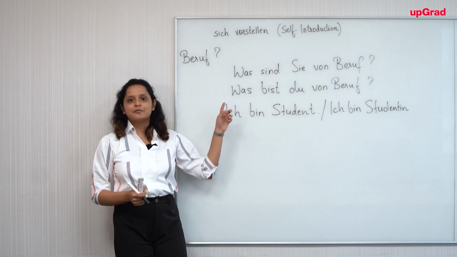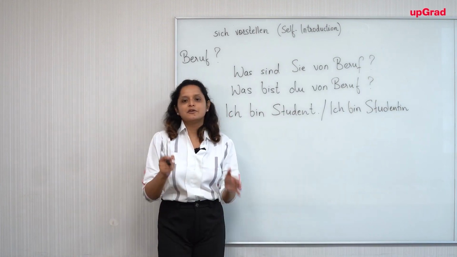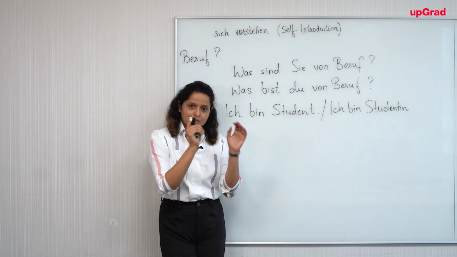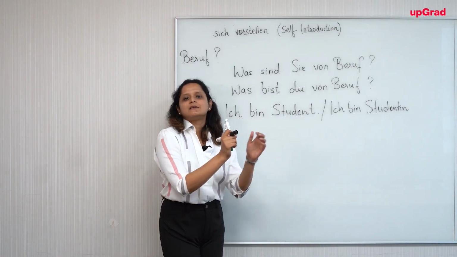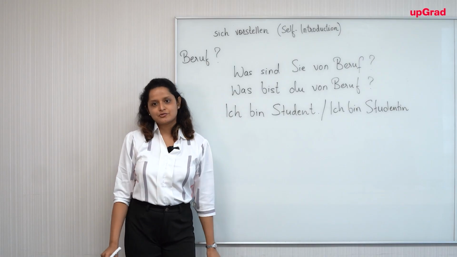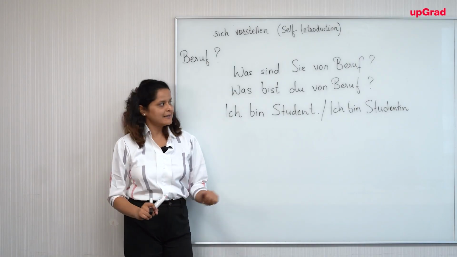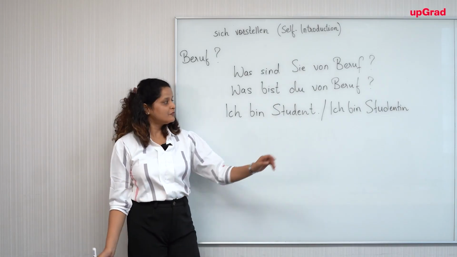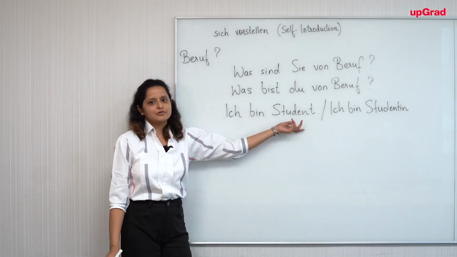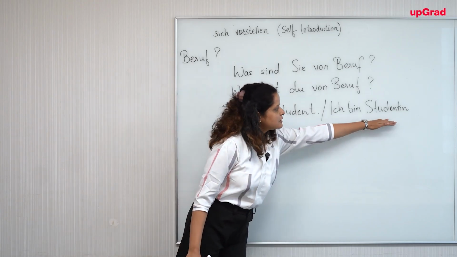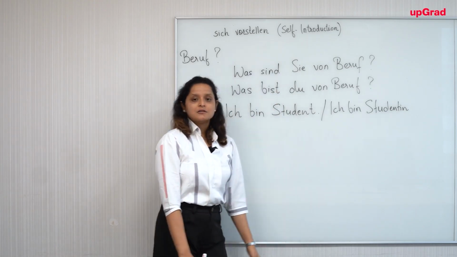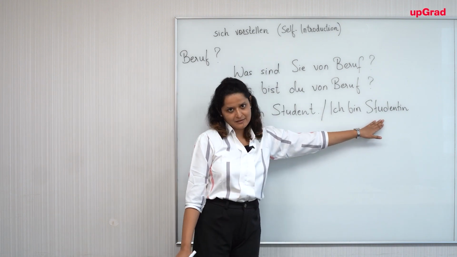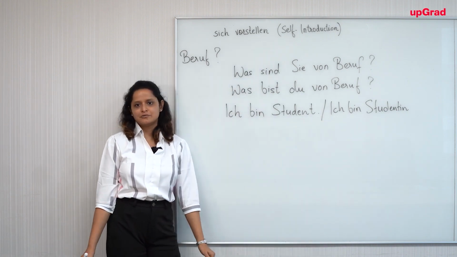Same thing goes for professions in Deutsch. That is, if you are a man in that profession, there is one word for it. If you are a woman in the same profession, there is another word for it. So if you are a student and you happen to be a guy, it is ich bin Student. If you happen to be a girl, for the same profession, that is, you both are students, but here the word becomes Studentin. So remember, masculine, der Student, feminine, die Studentin. You can skip the article when you are using professions.